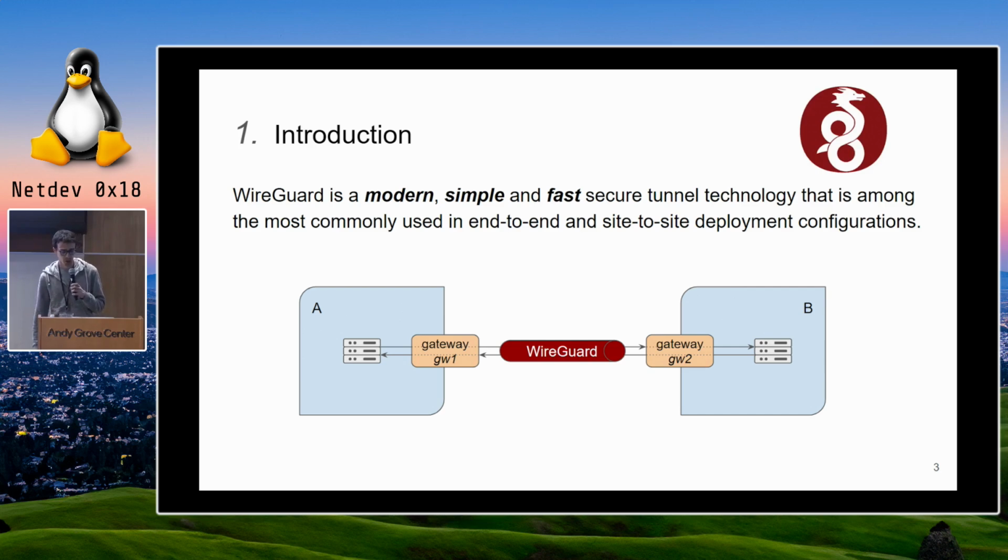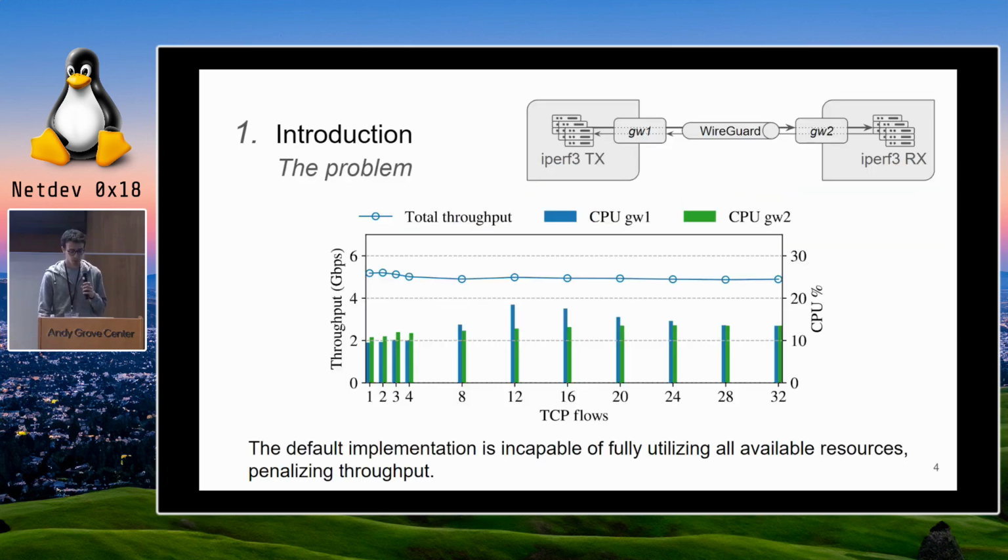All of the servers have 32-core Intel Xeon CPUs, and all of the network links are point-to-point 100 gig Ethernet links. So let's just get started with the baseline performance of WireGuard. In this experiment, we used an increasing amount of TCP flows that were being tunneled over one single WireGuard tunnel.